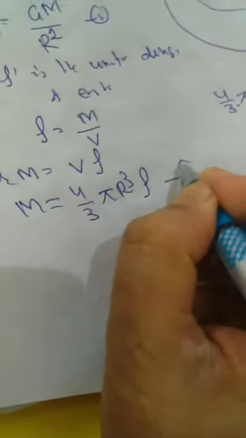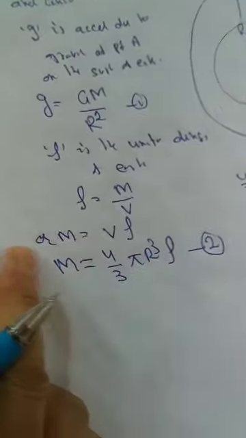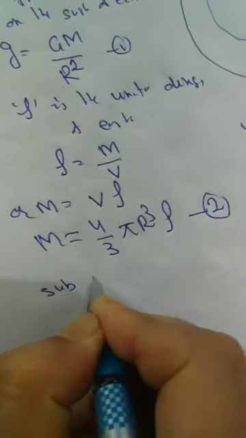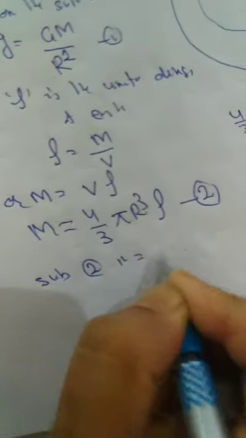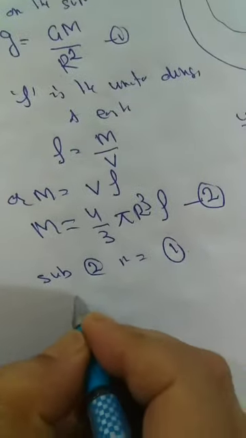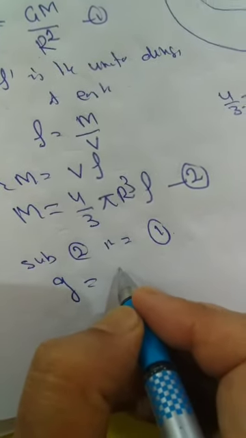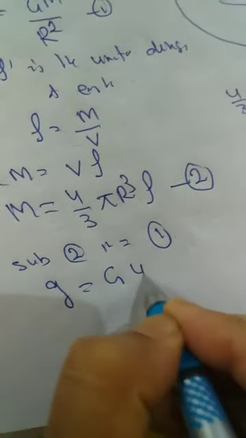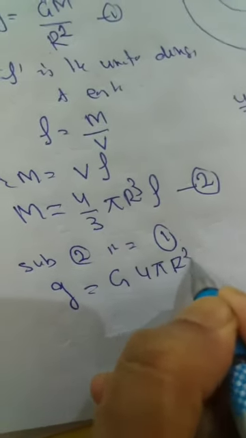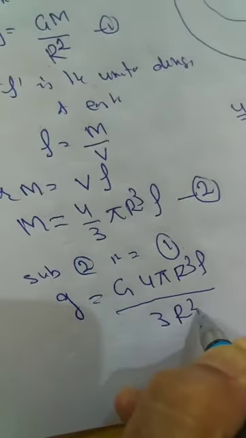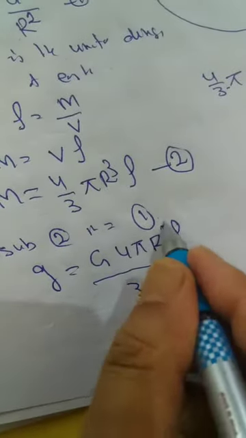Name this equation second. When we substitute the value of equation second in equation first, we get g equal to G times 4 pi r cube rho, with 3 in the denominator, and r square already below. The r square and r cube cancel.